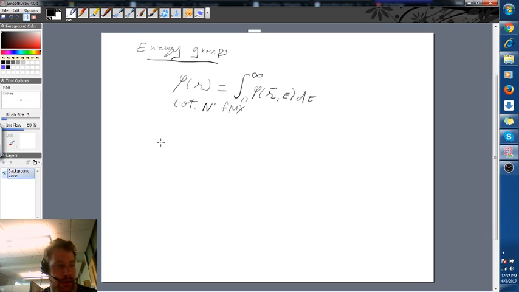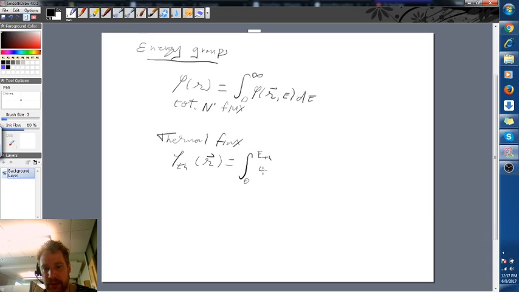Then we have what's called the thermal flux, or phi sub th, and it's a function of position, and this is equal to the integration from 0 to what's called the thermalization energy, or thermal energy, of phi of r, E dE.